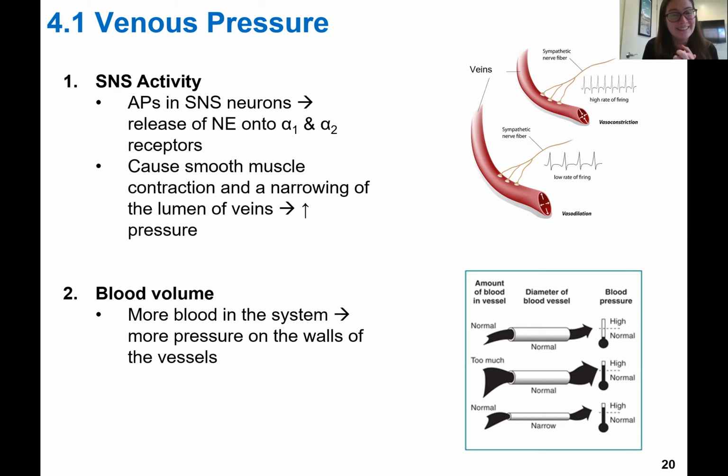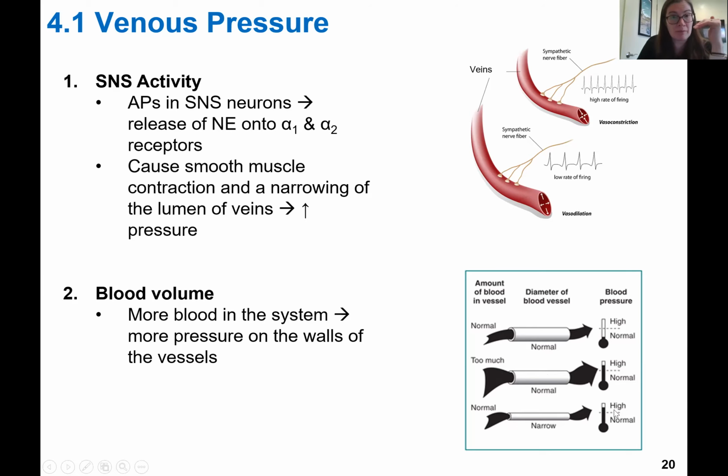So don't do that. If you have too much fluid in your blood, also this is something to think about if you are giving somebody IV fluids. You have to be careful about how many IV fluids you give somebody in a certain period of time, because too much volume with a normal blood vessel diameter, even if you're not changing vasoconstriction, you can get too high a blood pressure because you have too much blood.